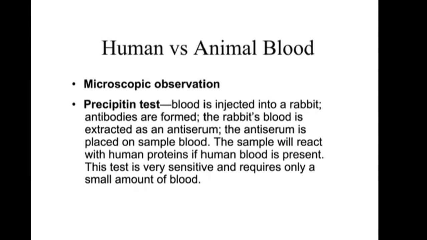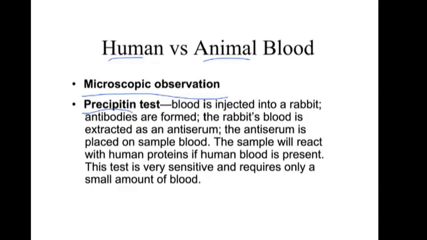Now, in order to determine if something is human or animal, there are a couple of ways to do it. The first is going to be through microscopic observation, which I'm going to show you on the next two slides. That's going to be checking the shape of the blood cell, large, small, presence of a nucleus, things like that. And then there is also a precipitin test.